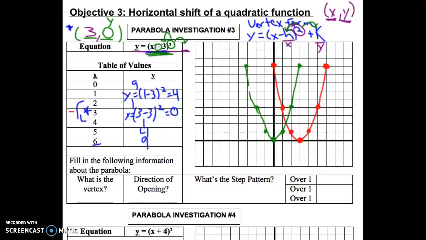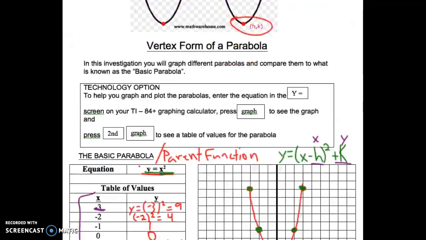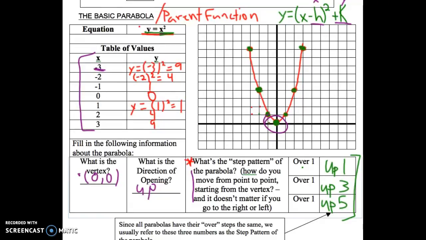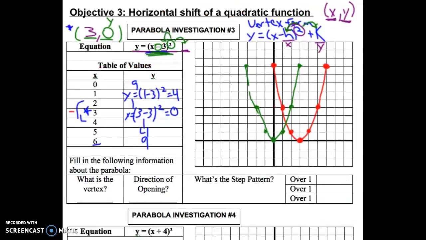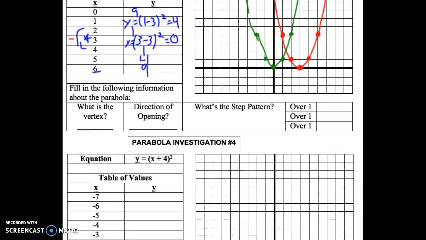Based off of the original parent function of x squared, its vertex was 0, 0. It has shifted 1, 2, 3 spaces to the right.